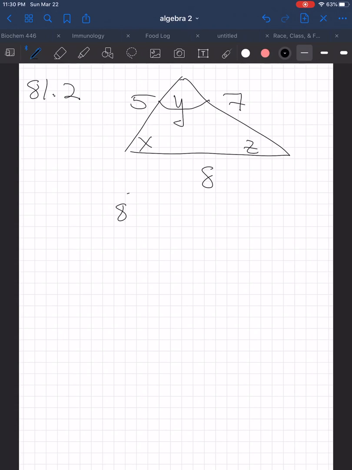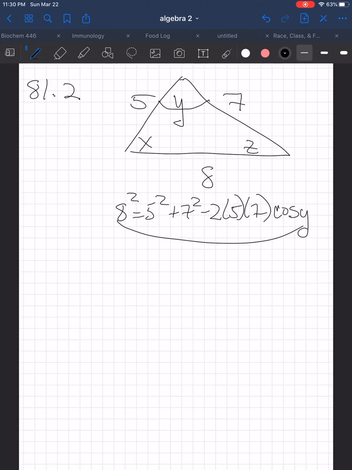So that means we start with the side opposite it. 8 squared equals 5 squared plus 7 squared minus 2 times 5 times 7 times the cosine of y, because it's across from 8.